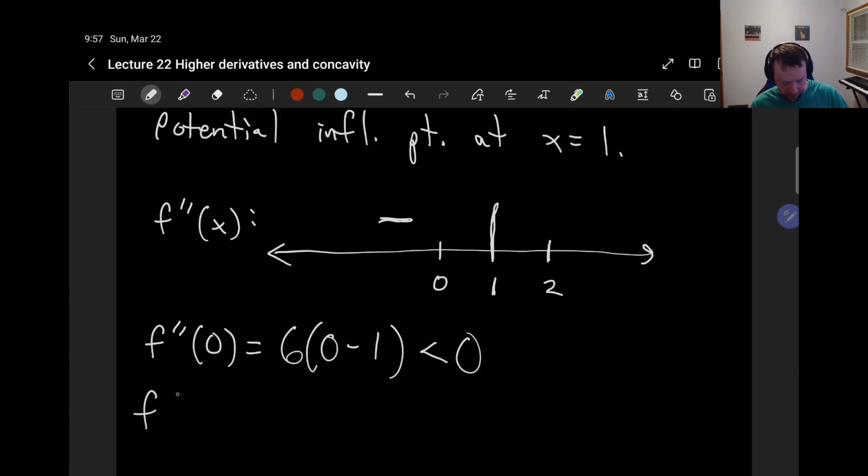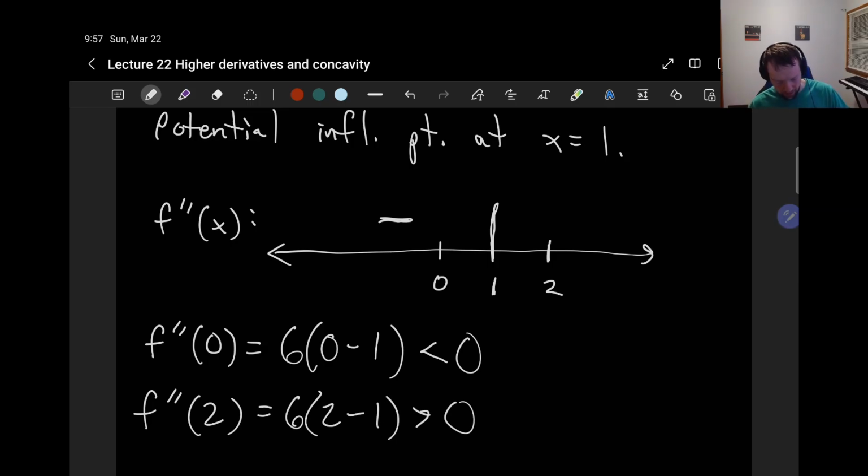And that's something we have to check to make certain of. So I'll plug in 2. And indeed, this becomes positive. It's positive 6. So this entire interval, the second derivative is positive, which means we're concave up. So now we can clearly see, okay, there's a shift in concavity around that point. So we have an inflection point there.